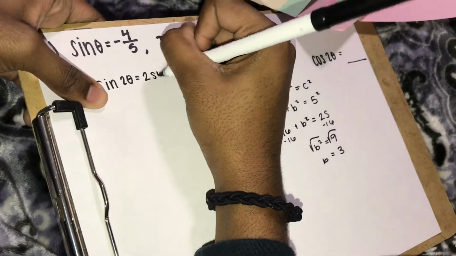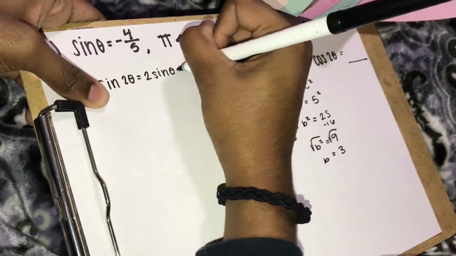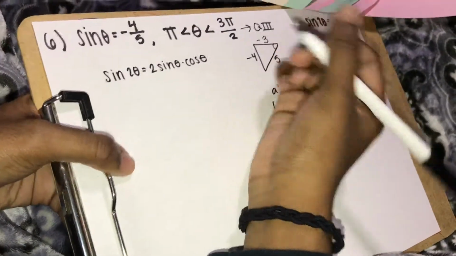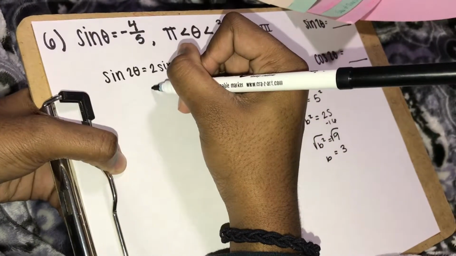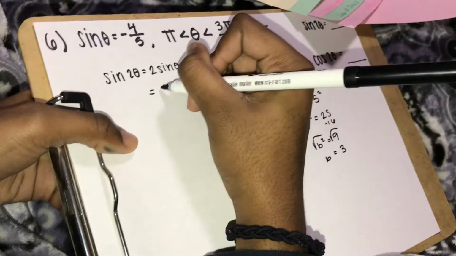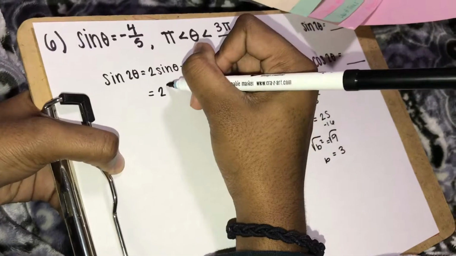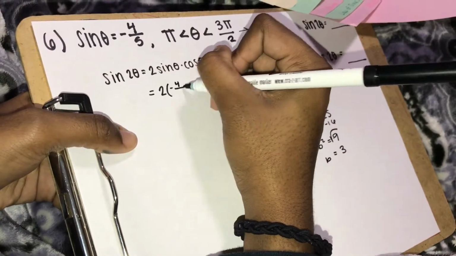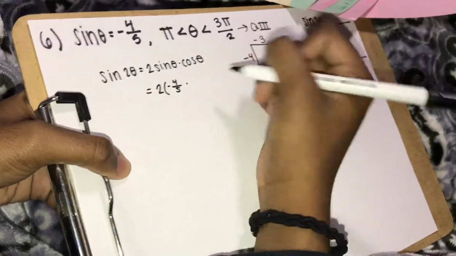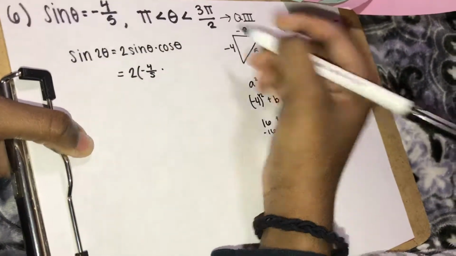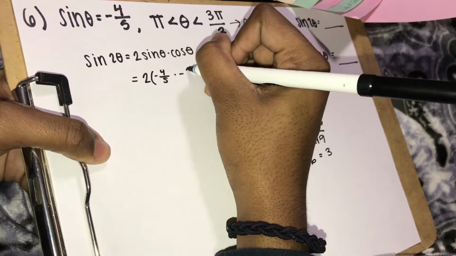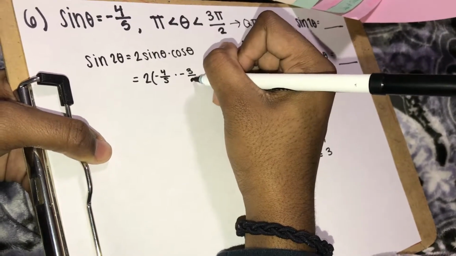Now you can go ahead and plug in your numbers. You'll have 2 times the sine of theta, which is -4 over 5, times the cosine, which is -3 over 5.